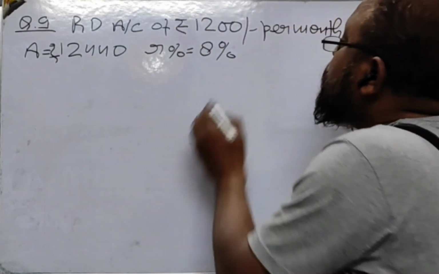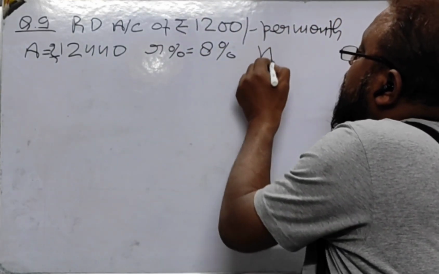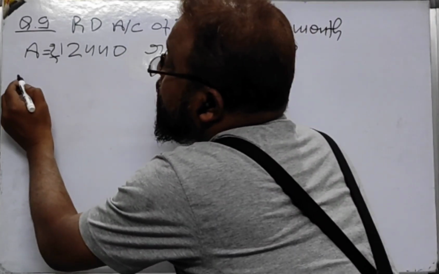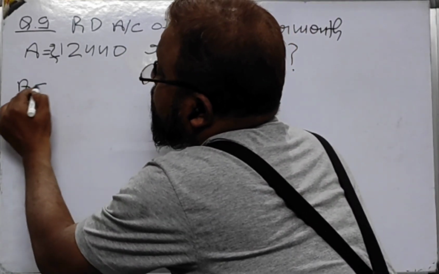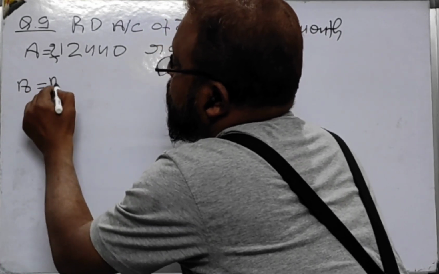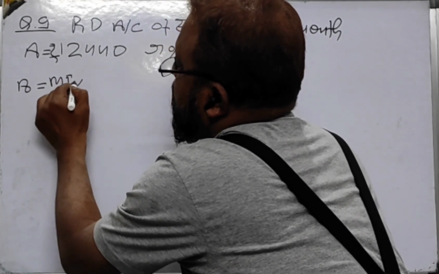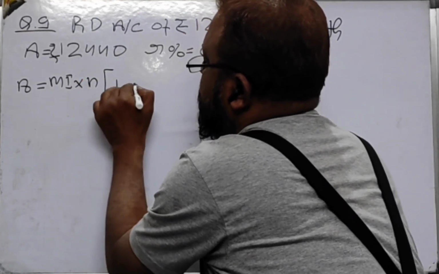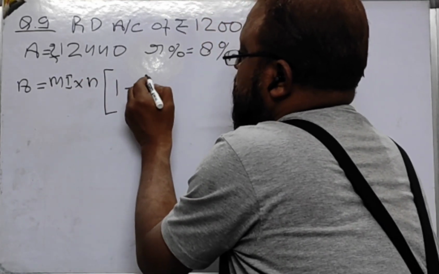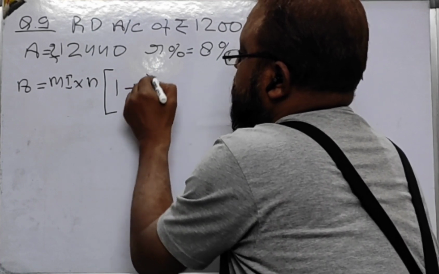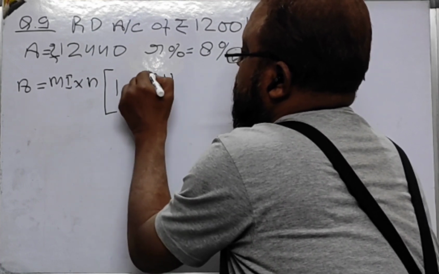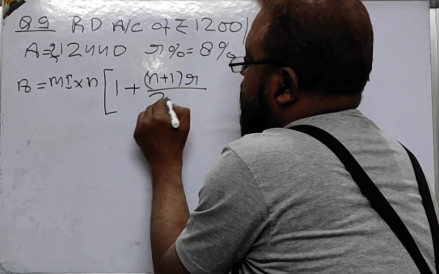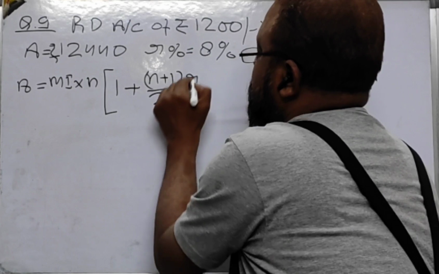So we have to find n. The formula we have is A is equal to MI into n bracket 1 plus n plus 1 upon r upon 2400.